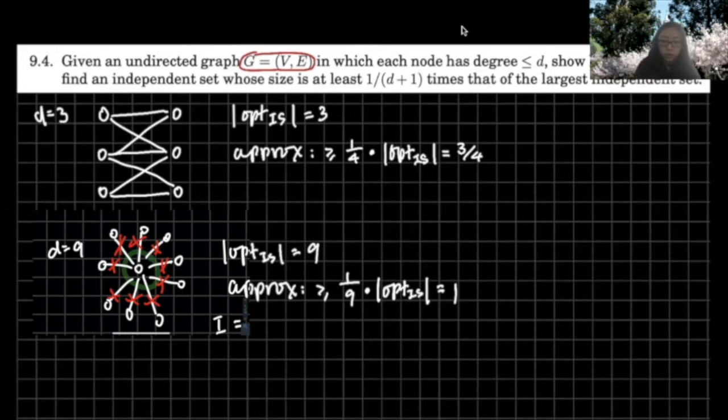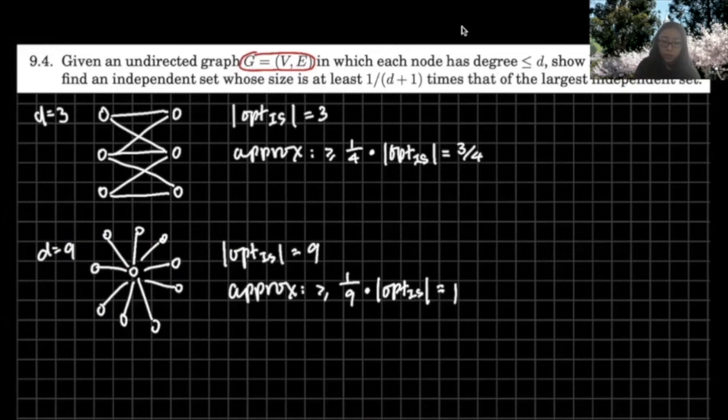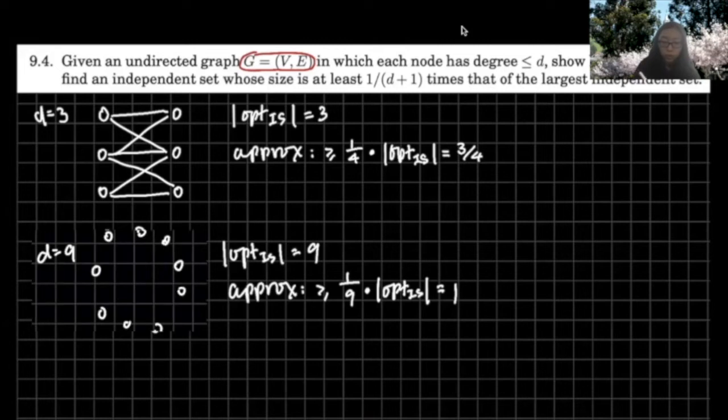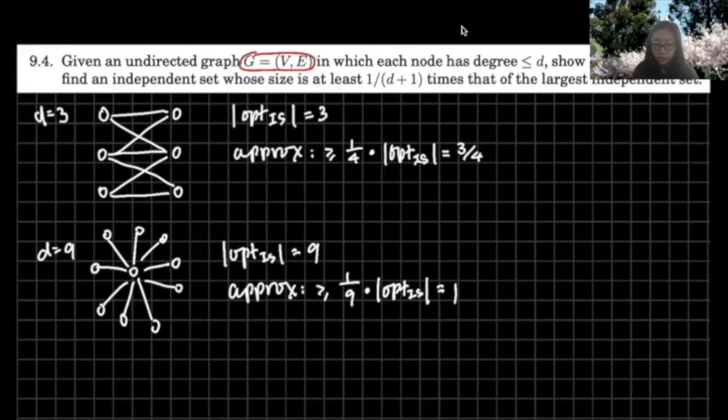In actuality, the optimal independent set is size 9, which is when we delete the middle one and pick all the nodes that it's connected to. What our approximation algorithm does is guarantee that we find at least size 1, which is not the best. But how can we maximize our probability of finding a set that is closer to the optimum?